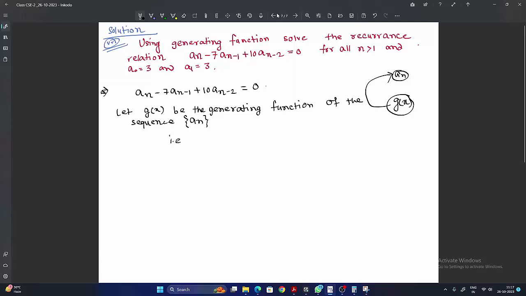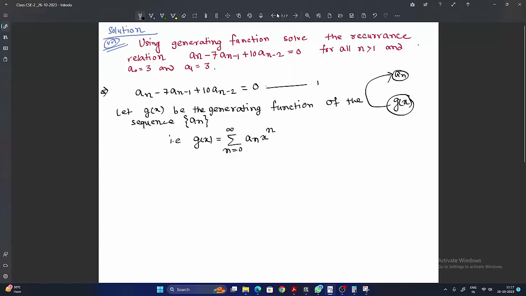That is, G(x) is equal to the sum over n equal to 0 to infinity of a_n x to the power n, because a_n is the sequence. So obviously its generating function will be the sum over n equal to 0 to infinity of a_n x to the power n.